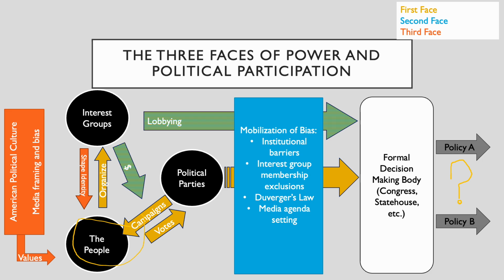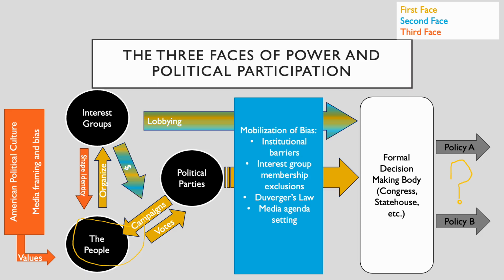That's going to be mediated by political parties in terms of providing certain collective action and information problem solving. People are also going to organize into interest groups, and those interest groups are going to try to influence the outcomes of elections, and they're going to engage in direct lobbying to influence the decision-making body. That's all forms of mobilizing resources.